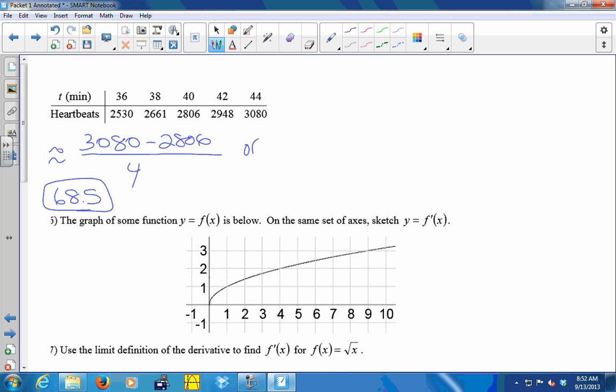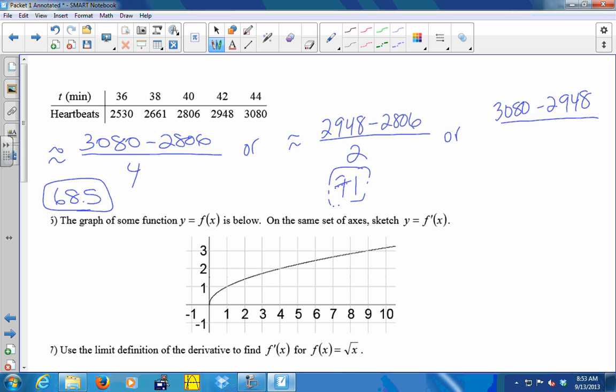Or we could do 40 to 42, 2948 minus 2806 over 2. What's that one come out to? About 71. Okay. Or we could do 42 to 44, a small interval after 42, so I'd have 3080 minus 2948 over 2. And what's that come out to? 66.